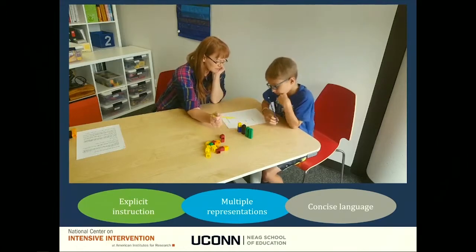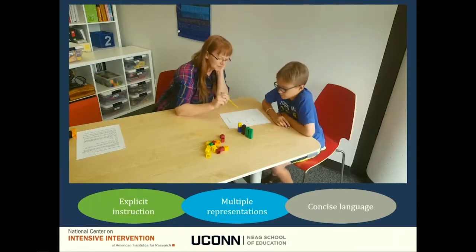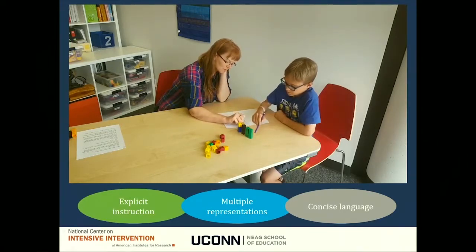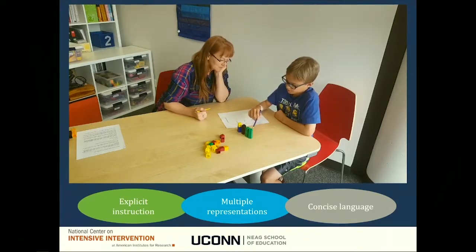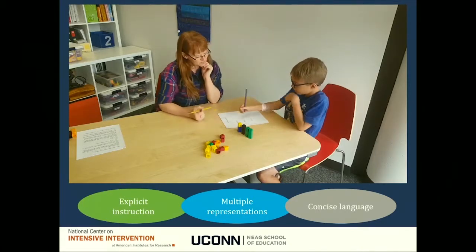Okay, now do we have 4 groups of 3? Yes. Awesome. Let's count how many blocks you have. 1, 2, 3, 4, 5, 6, 7, 8, 9, 10, 11, 12. Awesome. Can you write a 12 in there?